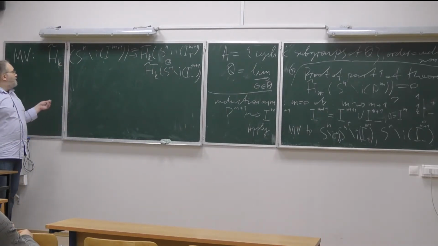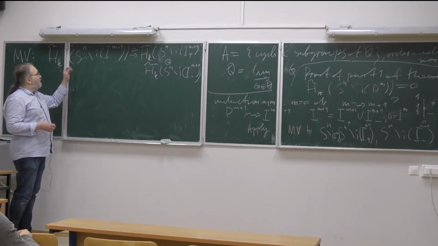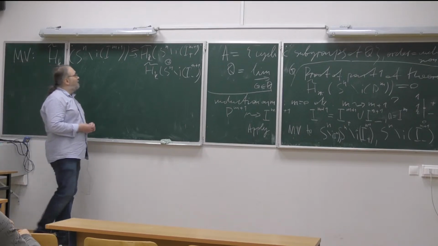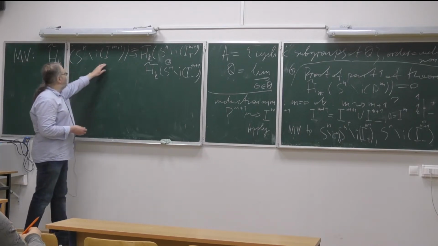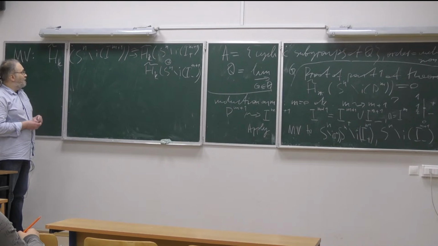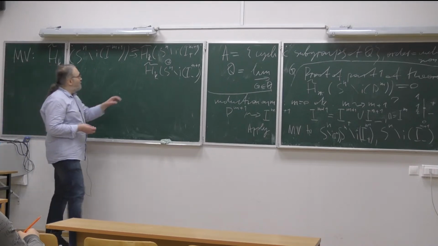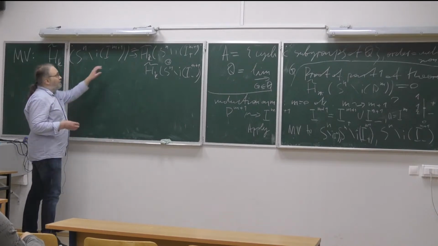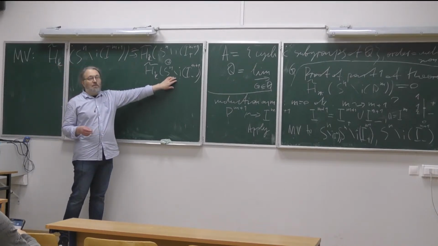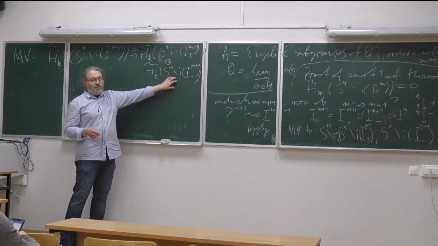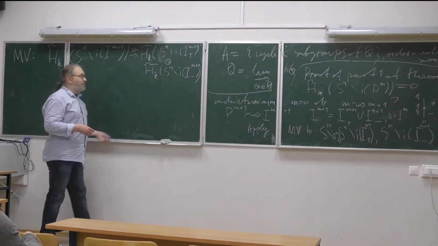Okay, so if one of these groups is non-zero, then the map into either the plus version or the minus version is non-zero.